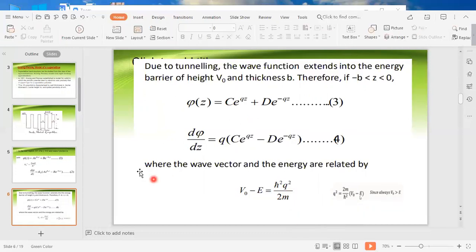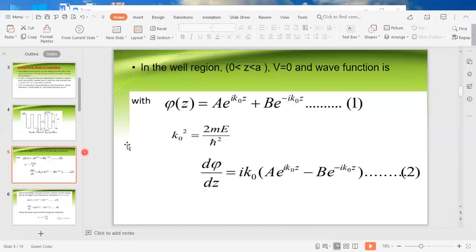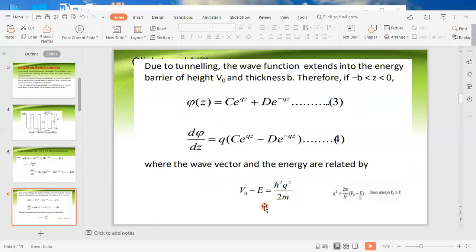Right. So in the first equation, we are considering that the potential is 0, so there is no potential term in the wave vector. But here, since we are considering the wave in the barrier, and since there is a potential barrier, we have to consider the potential, which will be V naught minus E, right?